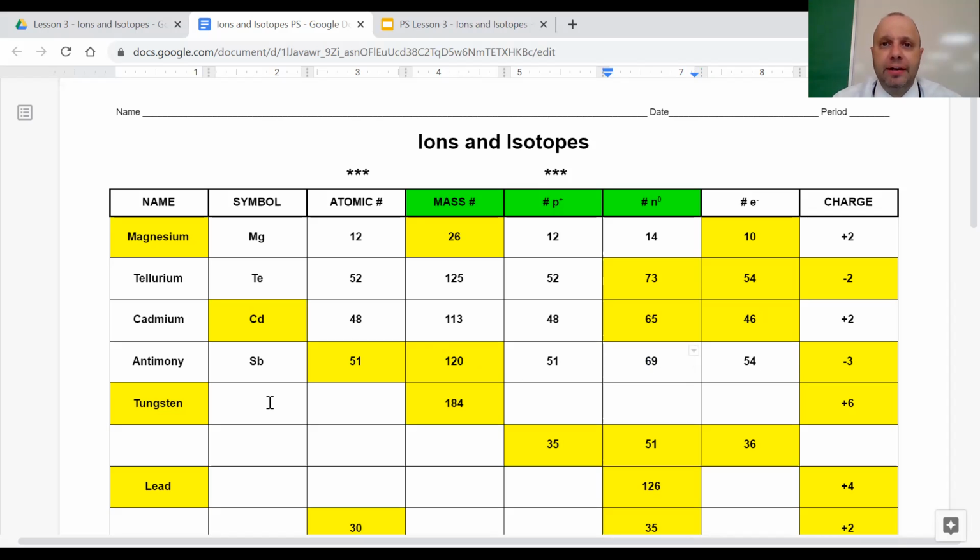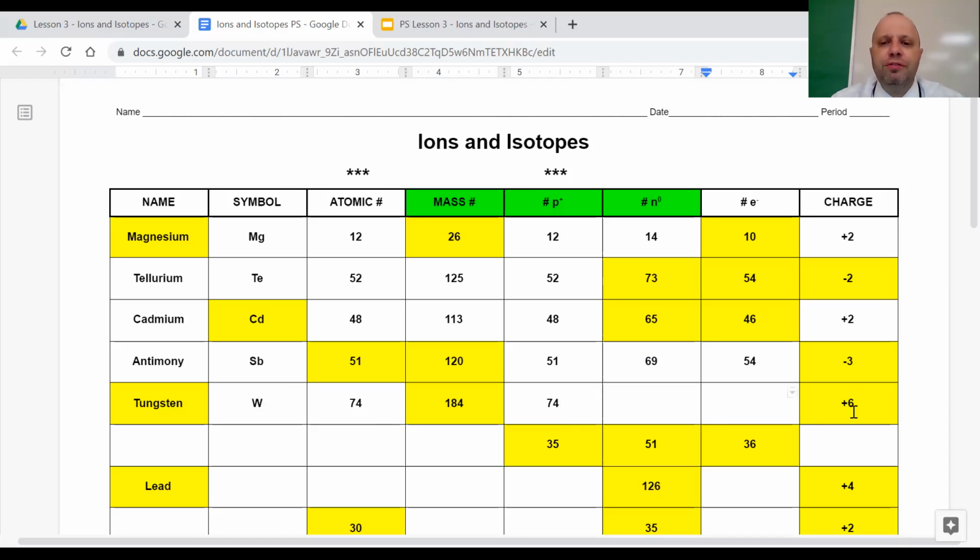Okay, my next example is tungsten. So if you find tungsten on your periodic table, you'll see that it has the symbol W. It is atomic number 74. So for my number of protons, I can put 74. Now notice the charge. So I want to get ready to fill in my number of electrons.